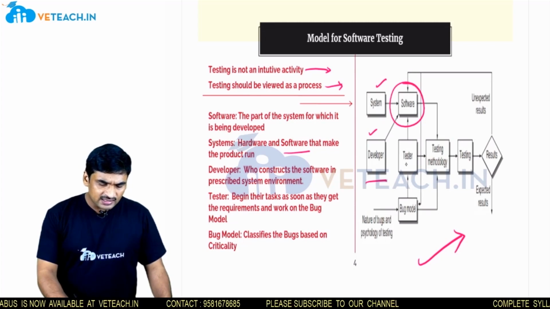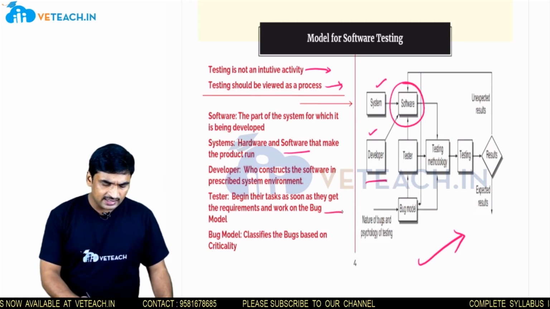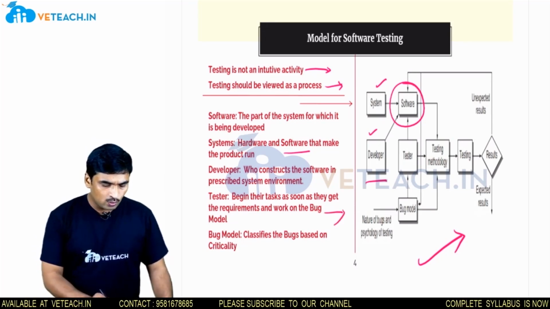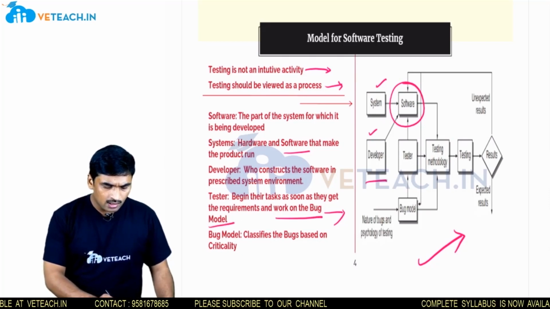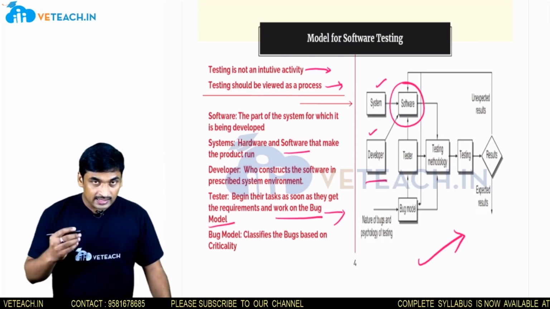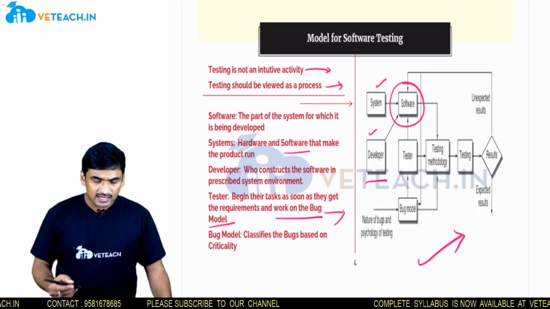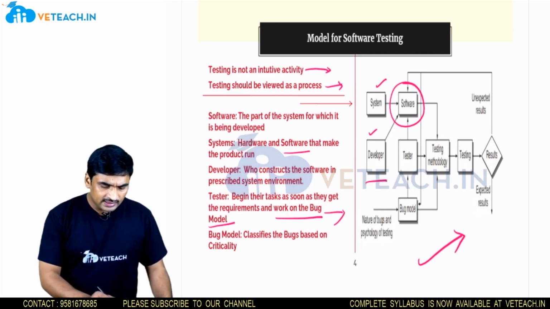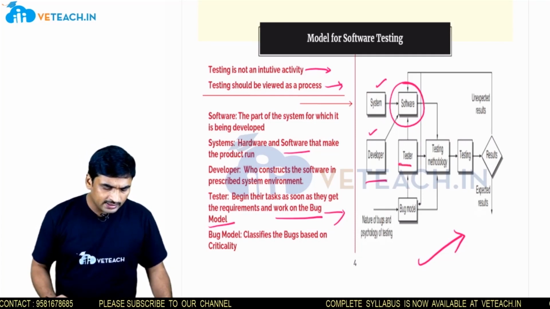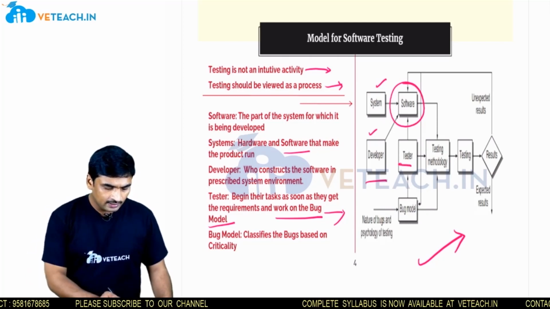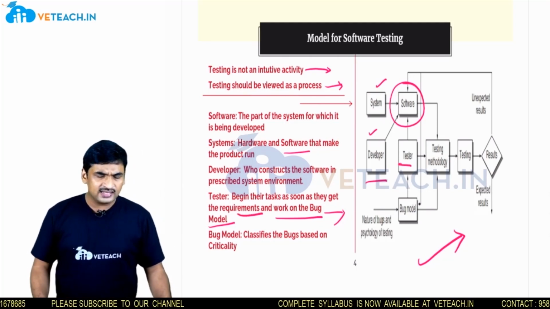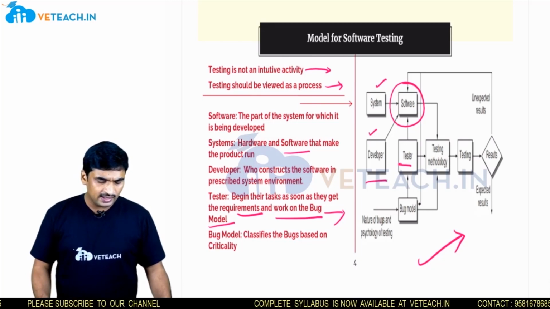Tester begins the tasks as soon as they get the requirements and works on the bug model. In the bug model, we will classify the types of bugs. Based on the type of the bug, the tester begins his task as soon as he gets the requirements and works on the types of errors.